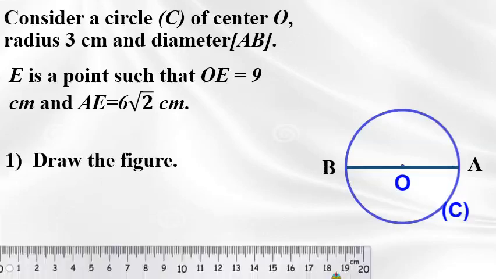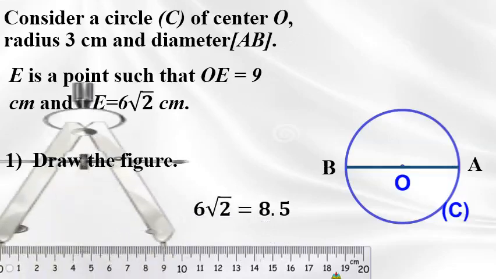Draw the figure. So we take the ruler. 6 square root of 2 is equal to 8.5 cm. Using the compass, we open the compass on the ruler for 8.5 centimeters and 9 centimeters.